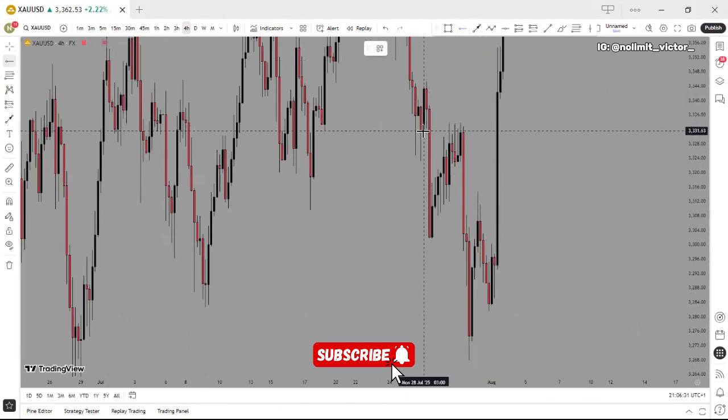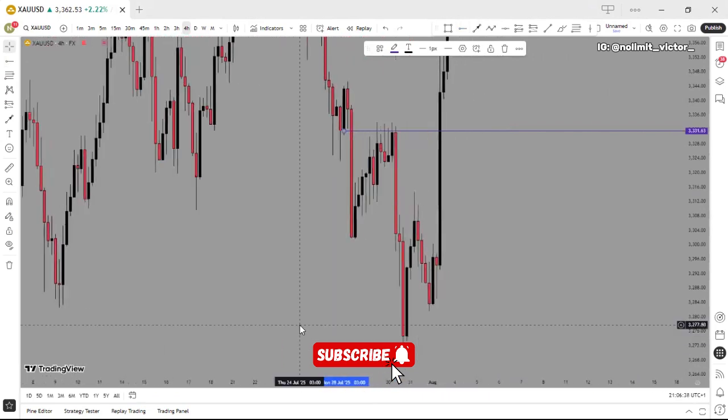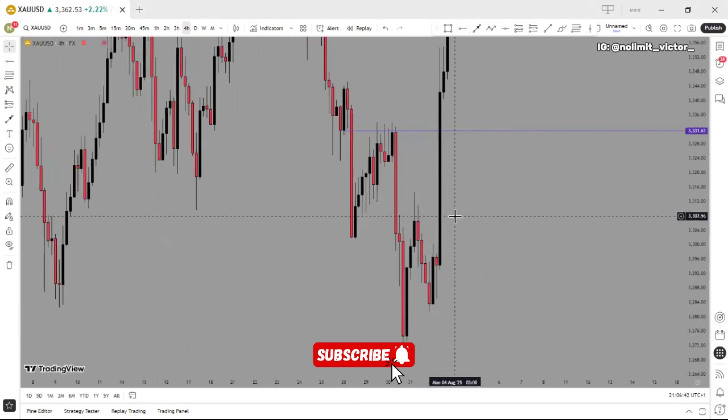The first part of this trade is seeing these rejections. In trading, an indication for momentum slowing down is weak rejections.